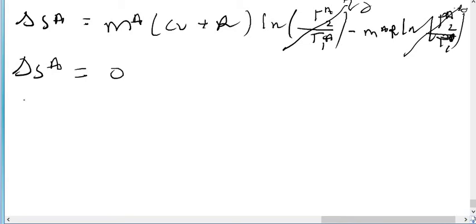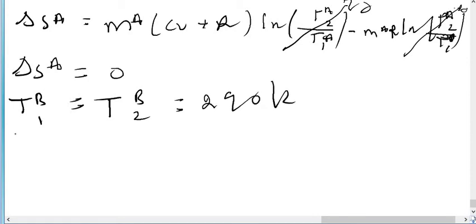Now in B, the temperature is also constant. So TB1 is equal to TB2, which is 290 Kelvin. So what is PB1?